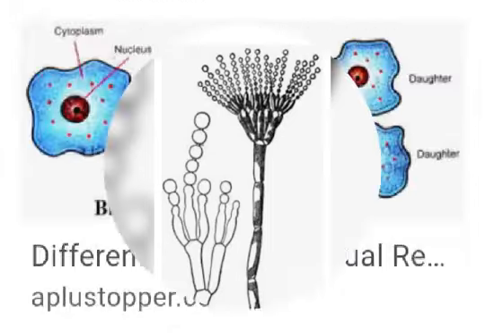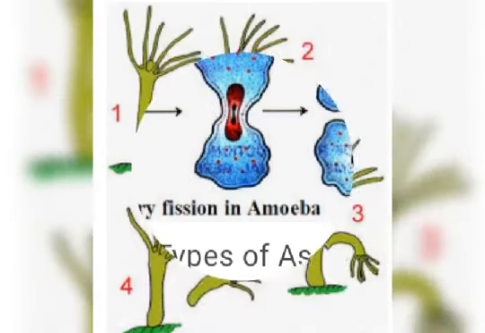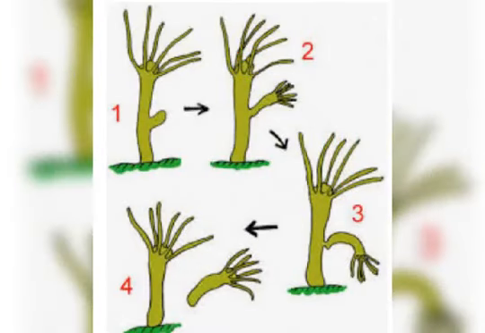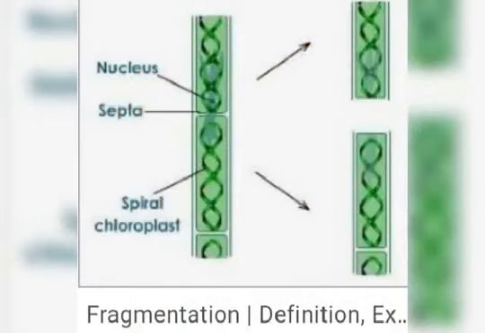In lower plants, we have conidia in Penicillium, budding in Hydra, fragmentation in Spirogyra, production of gemmae in Marchantia, regeneration in Planaria.